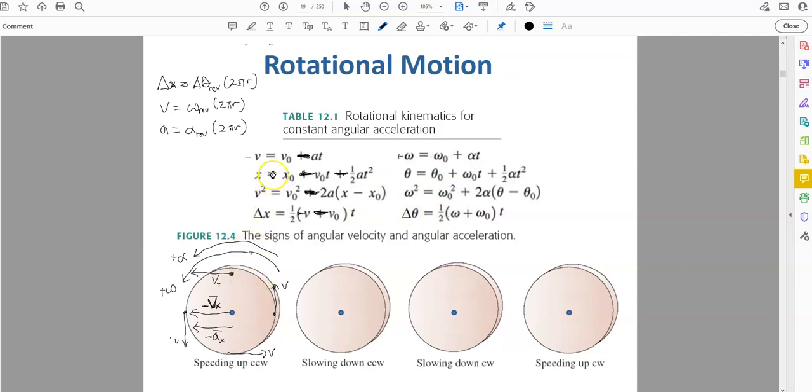All right, let's go through the next situation. You have a wheel that's rolling counterclockwise. So that means it's going to have a positive omega, and it's slowing down.